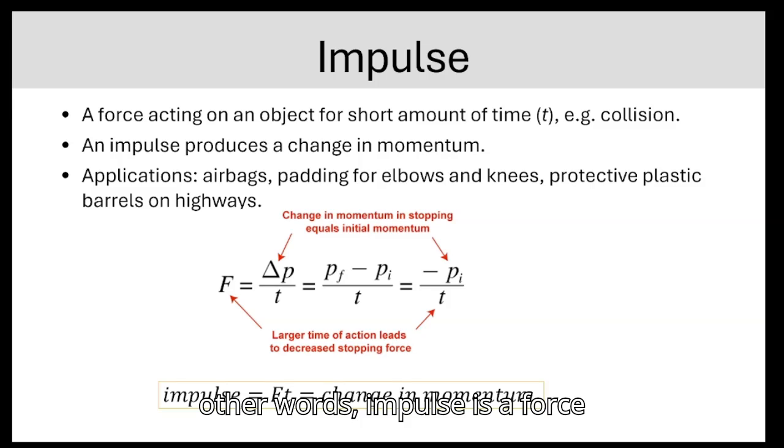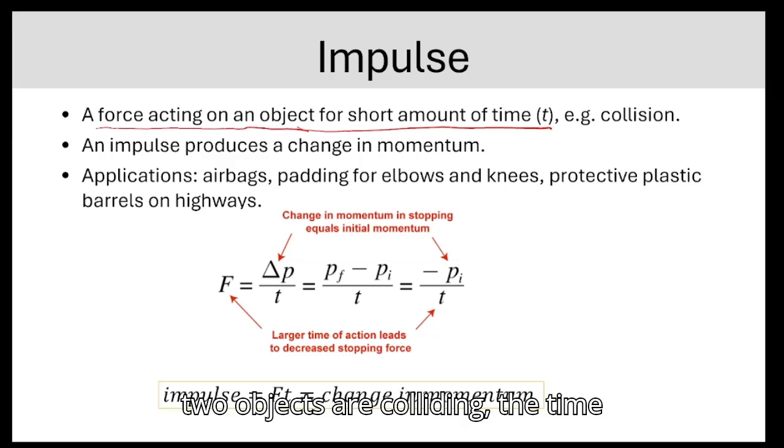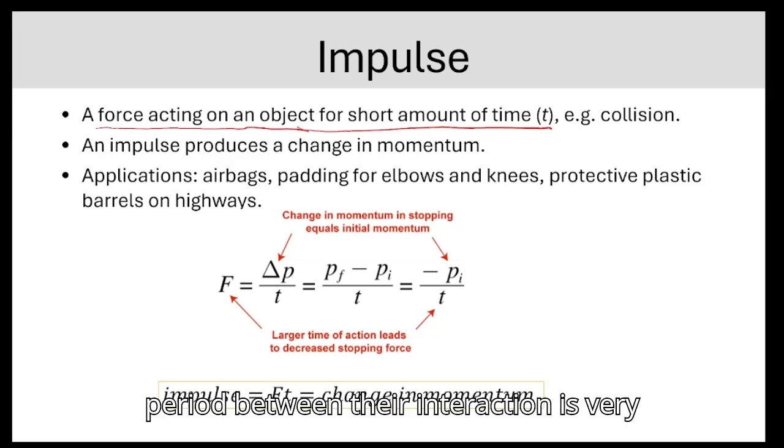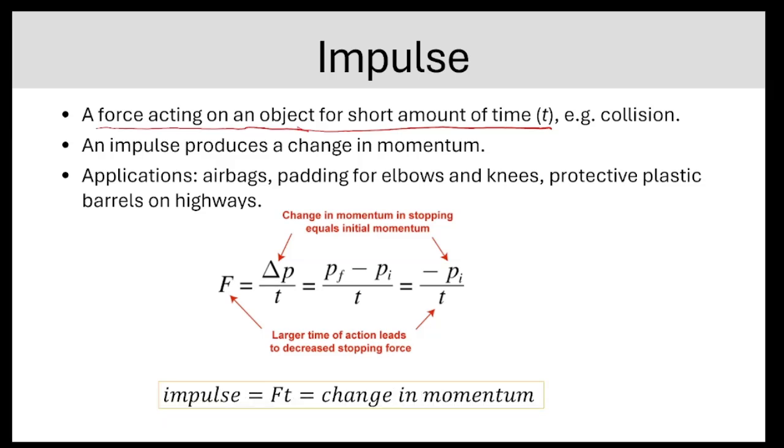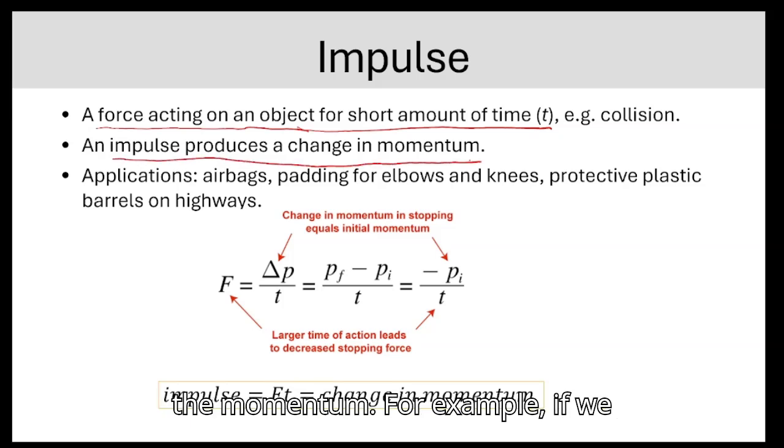Or, in other words, impulse is a force acting on an object for a short amount of time. So, for example, when two objects are colliding, the time period of their interaction is very small, and we call it impulse. And what impulse does is it changes the momentum.